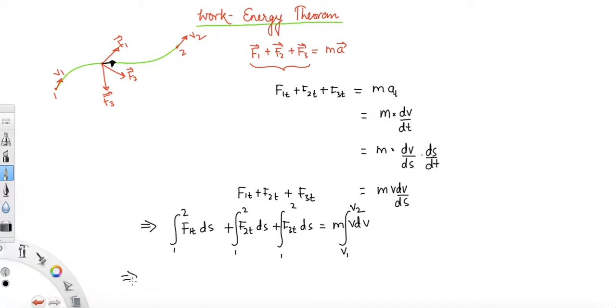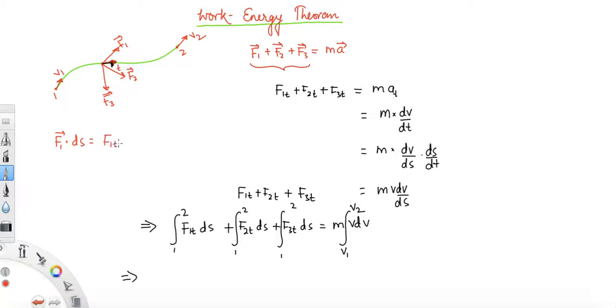Now let's recognize what the quantity integral of F1t ds is. Since this direction is tangential, F1t ds is F1 dot ds, which is the elementary work done by F1.